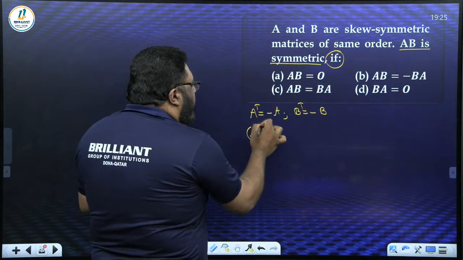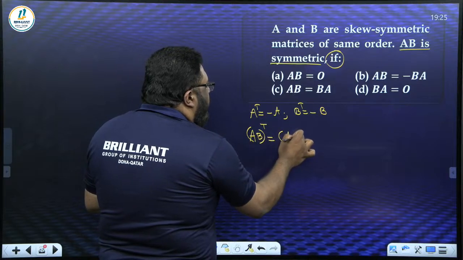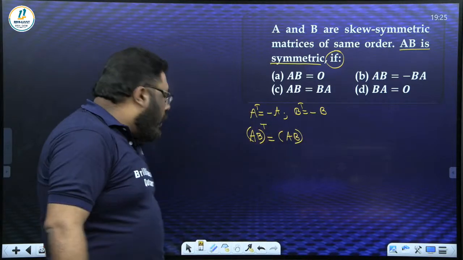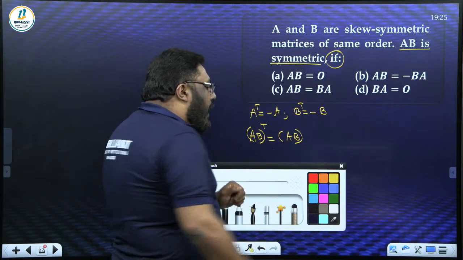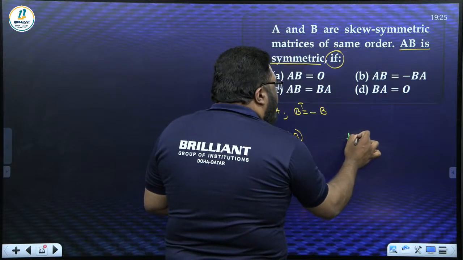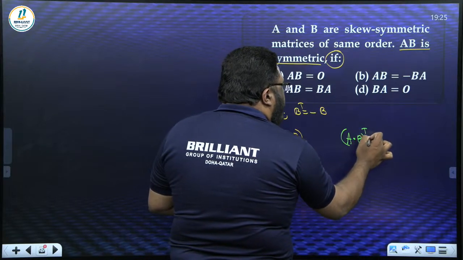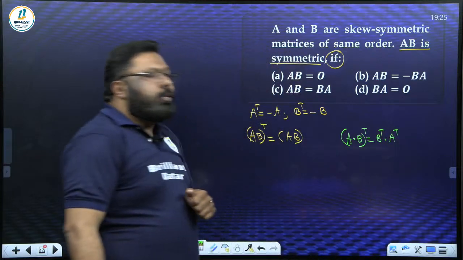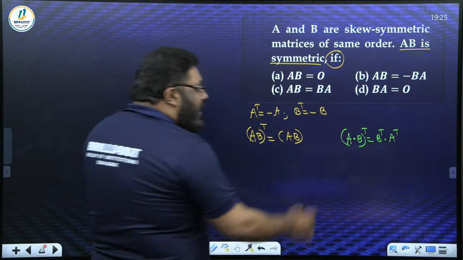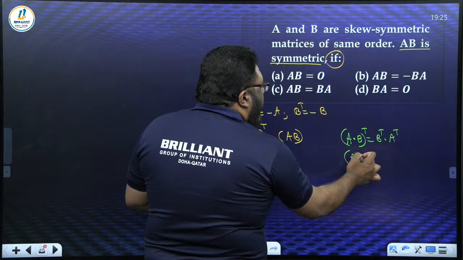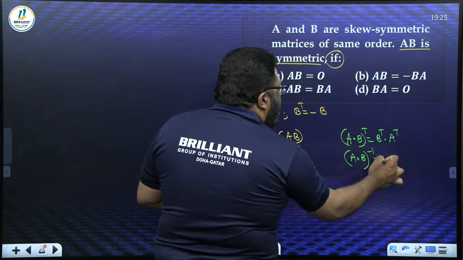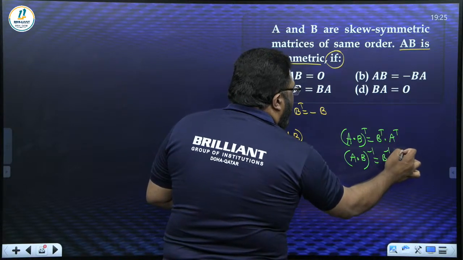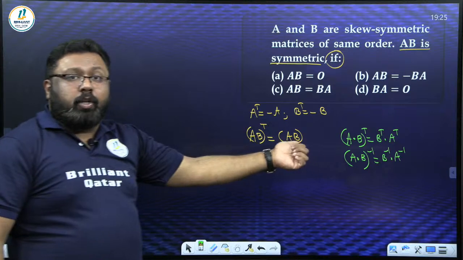So AB is symmetric means AB transpose will be equal to AB. According to properties of transpose of matrices, what will be AB transpose? I will say it is B transpose into A transpose. Another very similar property is AB inverse, which is B inverse, A inverse. So we have two properties which look very similar.